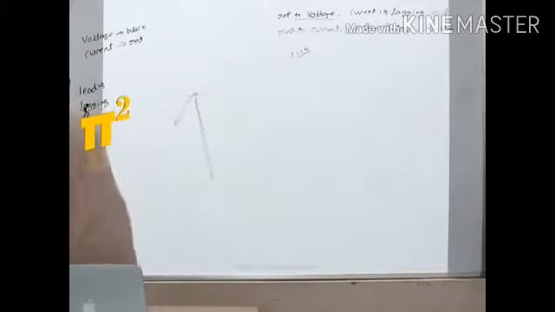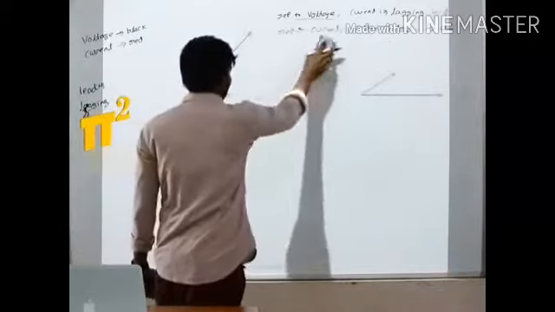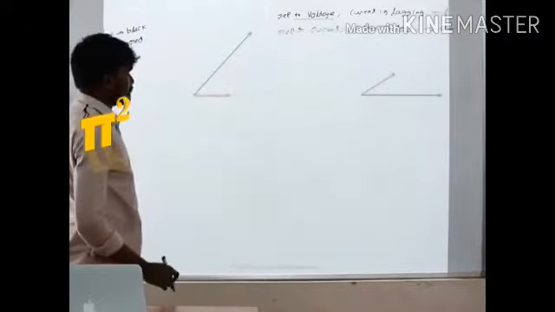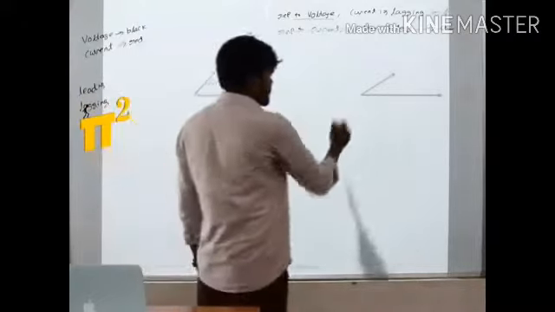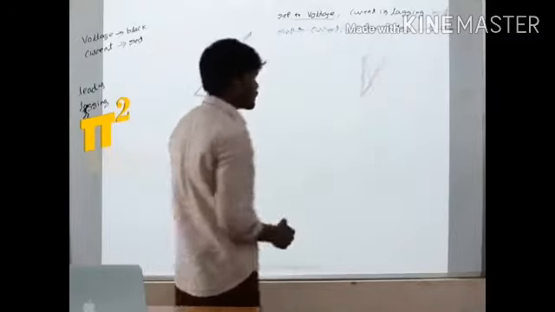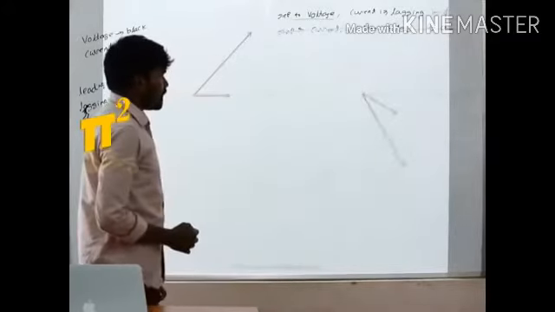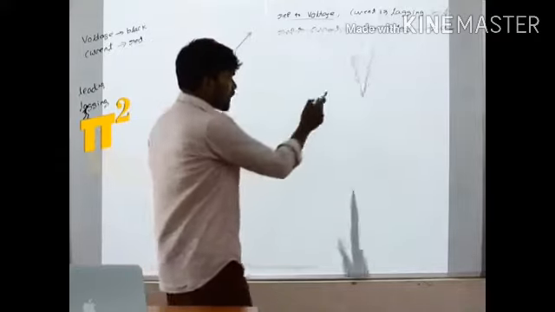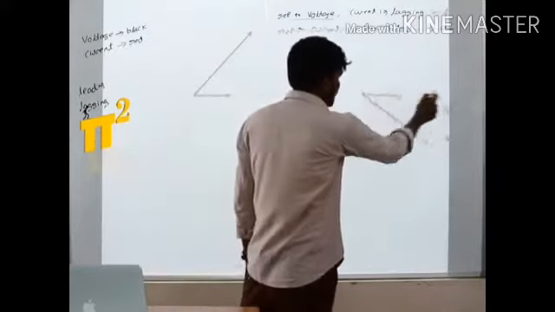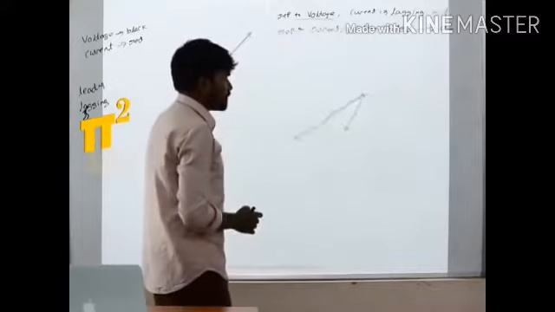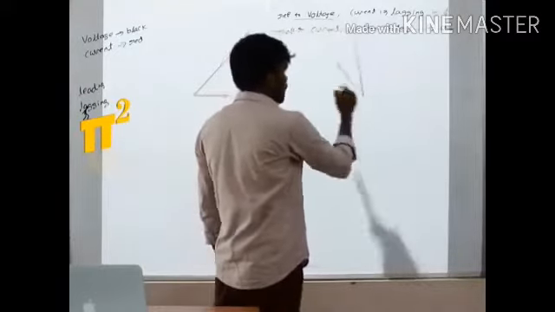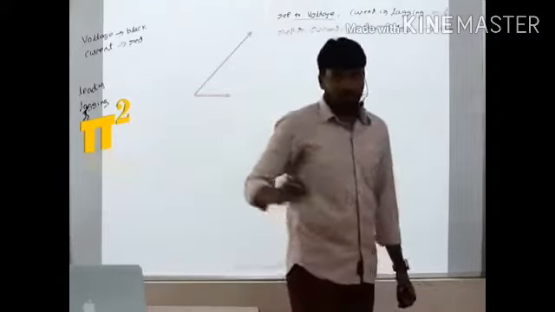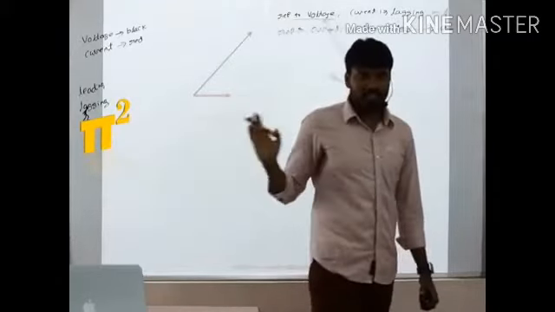Let's take another case. Now let's rotate these two also. Now as these two are rotating, who comes first to this reference line? The red one is coming, then the black one is coming. So the red one is here, the black one is coming behind the red one.